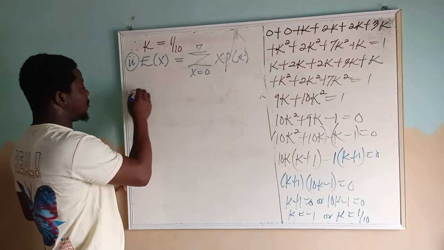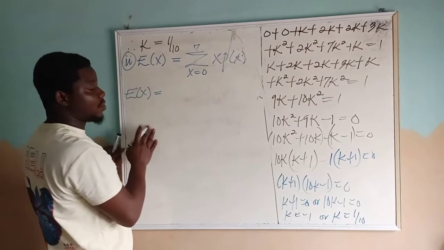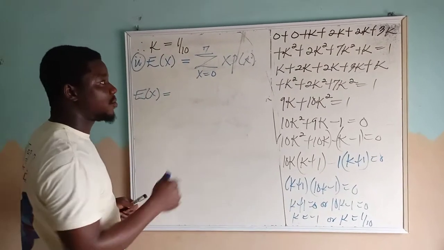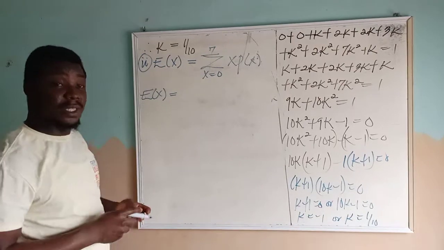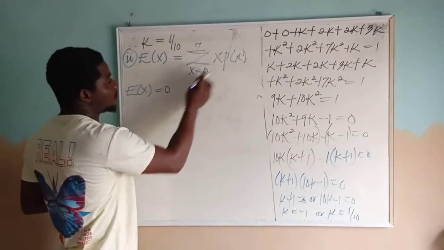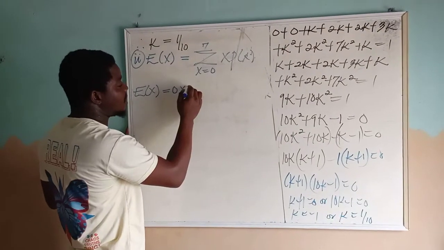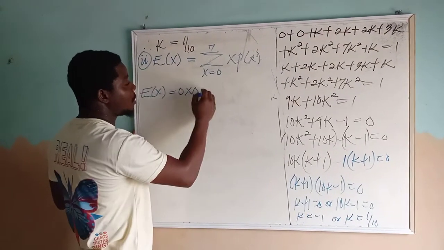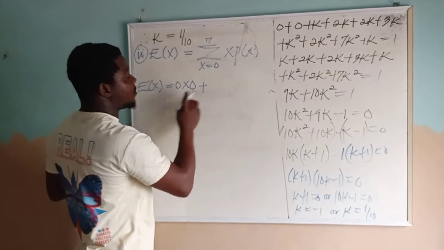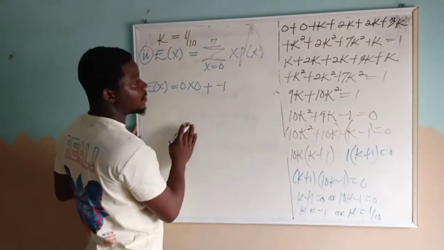So E of x now, if you look at the table I gave to you, the x values range from 0 to 7. So you start from 0, which is x, and then you multiply it by P of x that corresponds to that, and that is 0. Plus, the next value after 0 is negative 1.